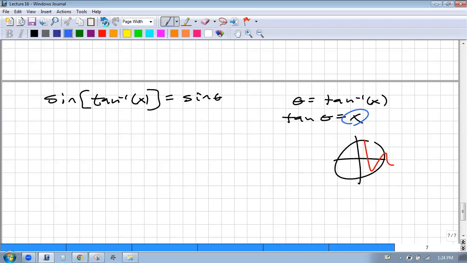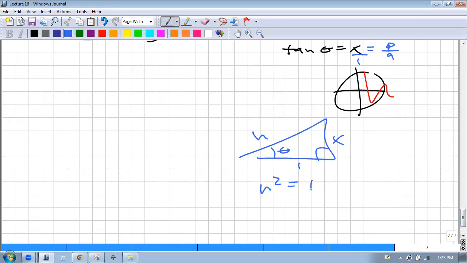If x is positive, that means our angle's up here. If x is negative, that means our angle is down here. Because when we try to draw our triangle here, tangent is opposite over adjacent. We'll call this x over 1. So what's our hypotenuse?